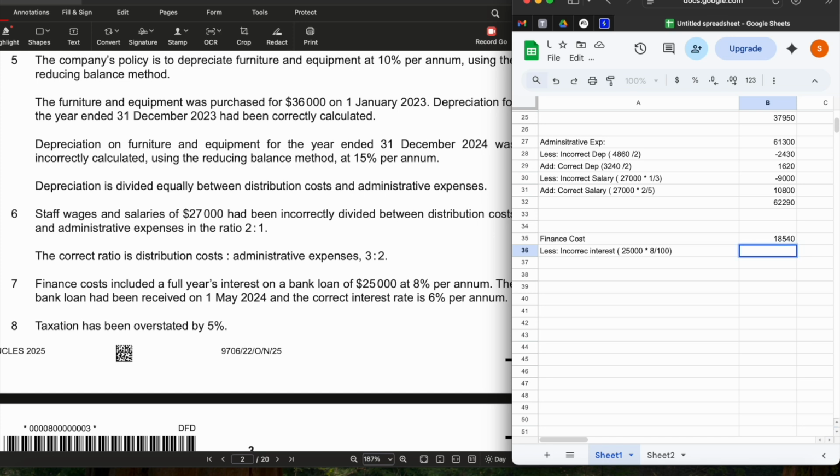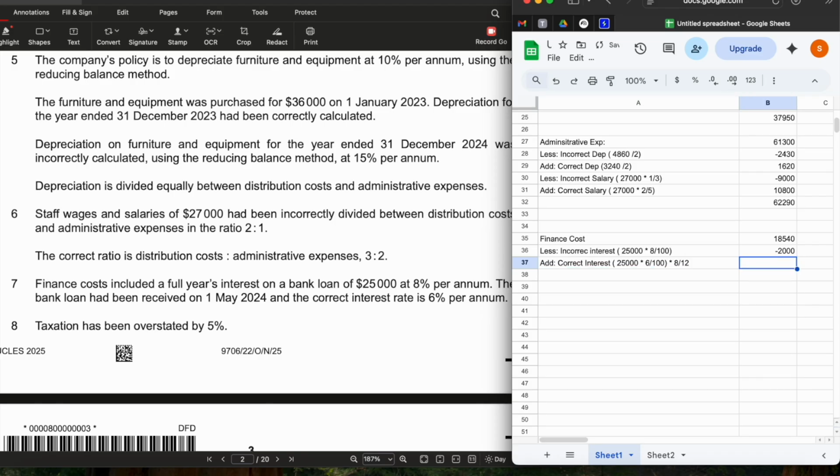This is the incorrect amount, so we'll subtract 2,000, and then we'll add the correct interest amount. The correct interest amount is 25,000 into 6%, and whatever amount we get is for May to December, so 8 months, so 8 divided by 12.